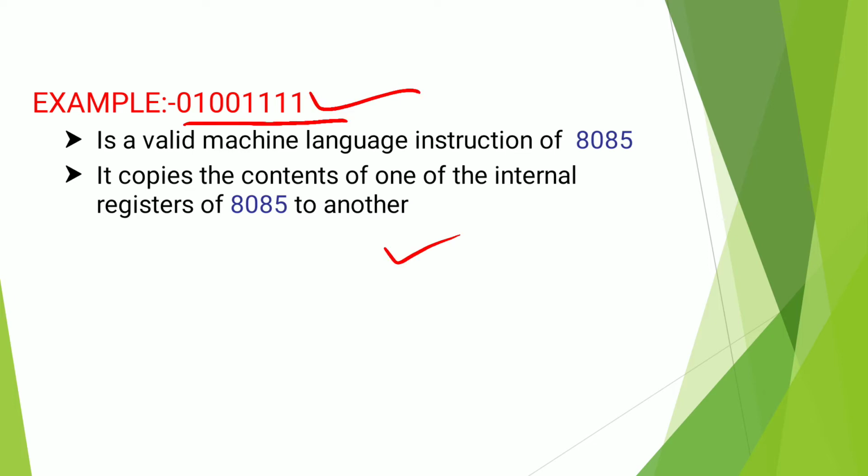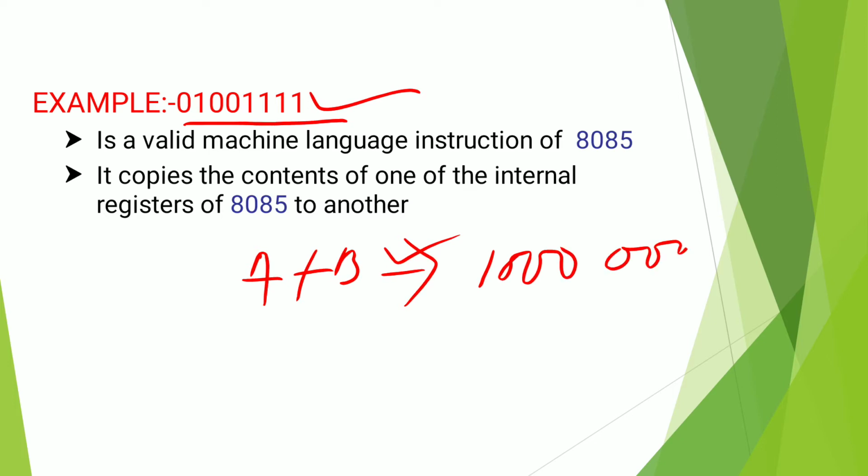In the machine language, there is a specific binary code for each instruction. For example, in Intel 8085, to add the content of register A and the content of register B, the binary code is 10000000.